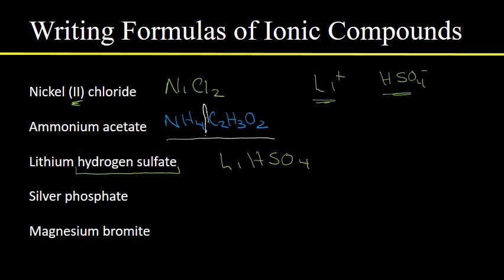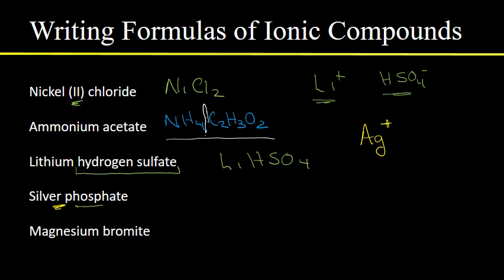Silver phosphate. Silver is a transition metal, and they didn't give us a charge in parentheses here, but silver is one of those special cases. Silver is always +1, so we don't need a Roman numeral there.